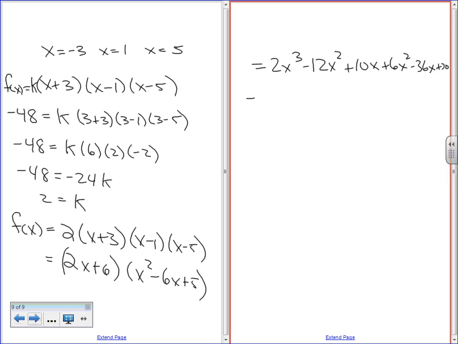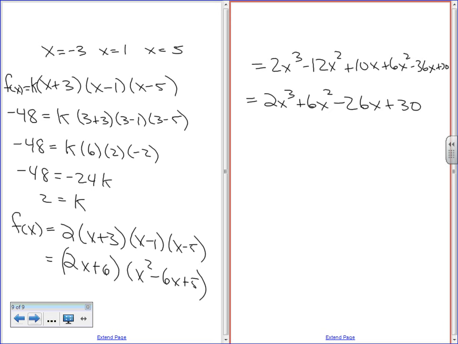Okay, so now just collect your like terms. So the x squareds, the x's, and then the constant. So that's the polynomial in standard form.